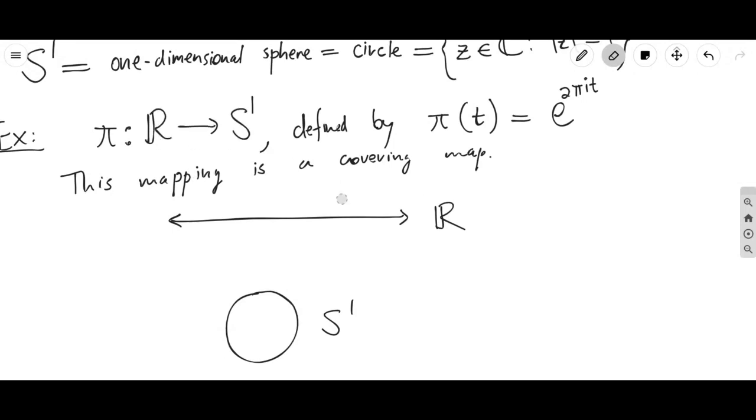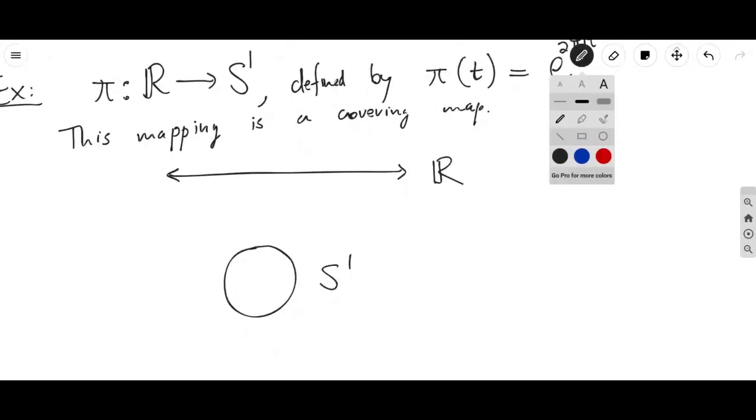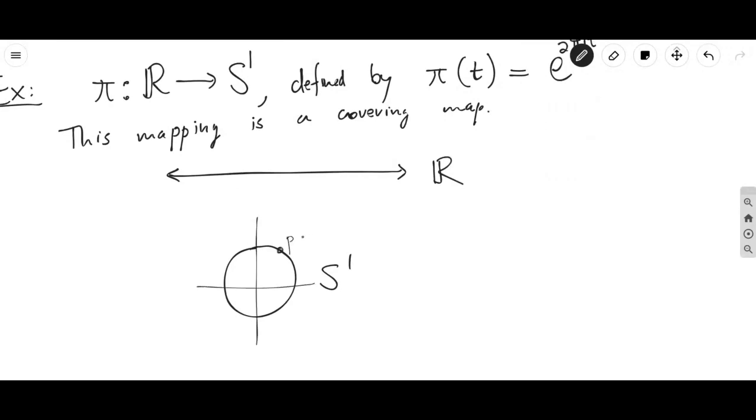Is it surjective? Is it true that every point on the circle has this form? Yes. Because if you give me a point on the circle, let's say this is your point P, then a point on the circle can be written as e to the i theta, where theta is the angle that it forms.